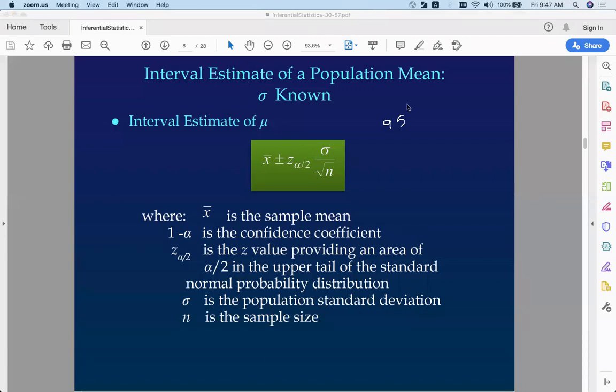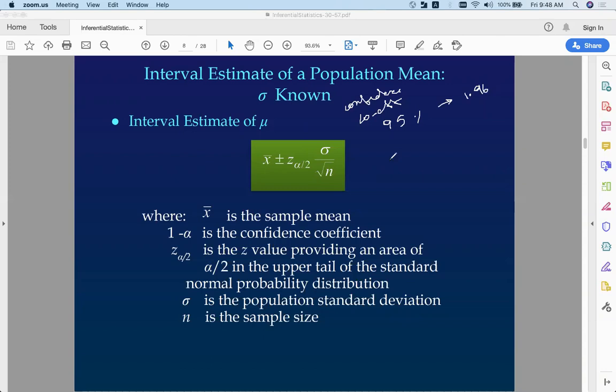Let's say if you're working with a 95% confidence interval, 95% confidence coefficient, the Z alpha by 2 is basically 1.96.